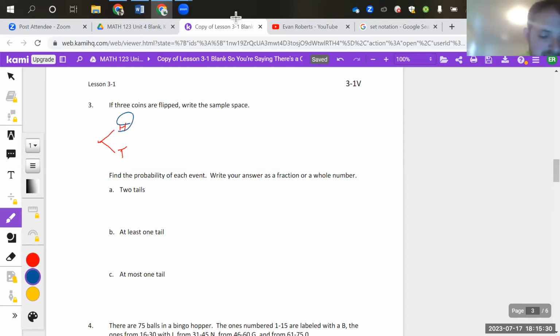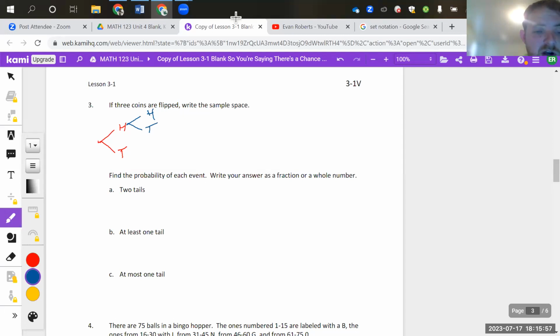If you flipped a head, nothing really changes for the second flip. You could still flip a head or a tails. It's not like the previous question where if you took out a red ball and didn't put it back and then picked out a blue ball, that would be something different. But since it's just coins being flipped, nothing changes in between the flips.